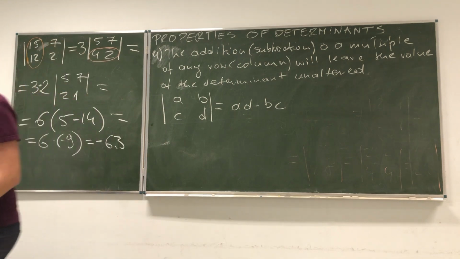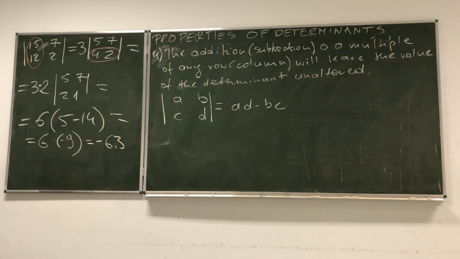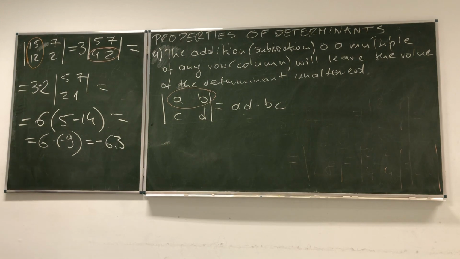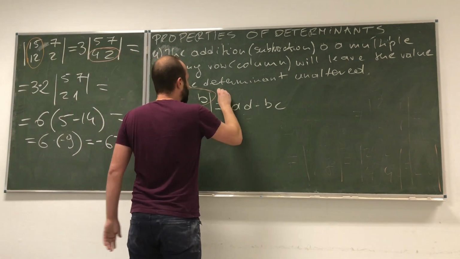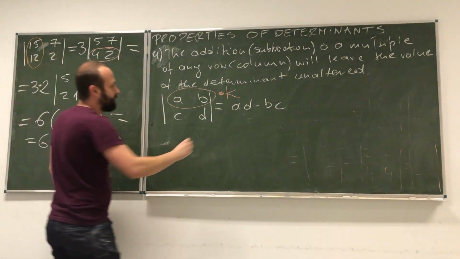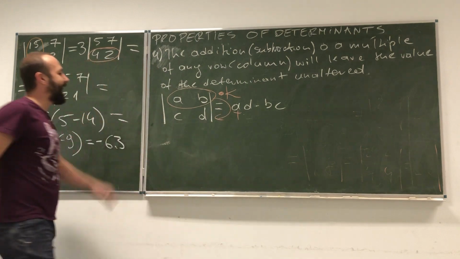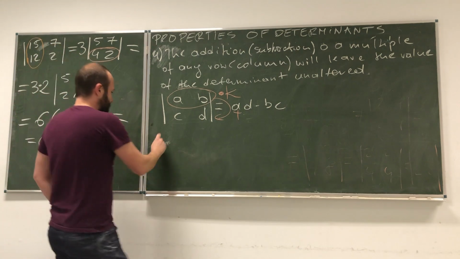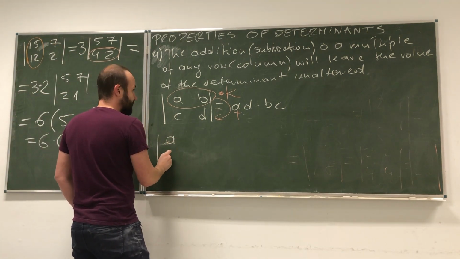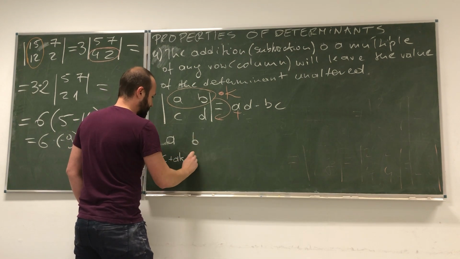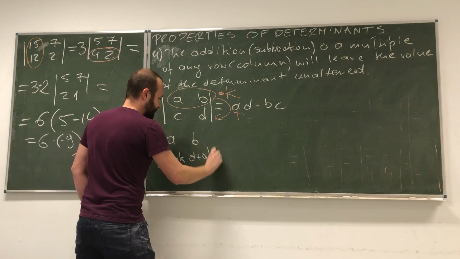And now look, what if I would take the entire first row of this determinant, multiply it by any number k, and then add it to the second one? Look, what we would get as a result is A, B, C plus A k, D plus B k.